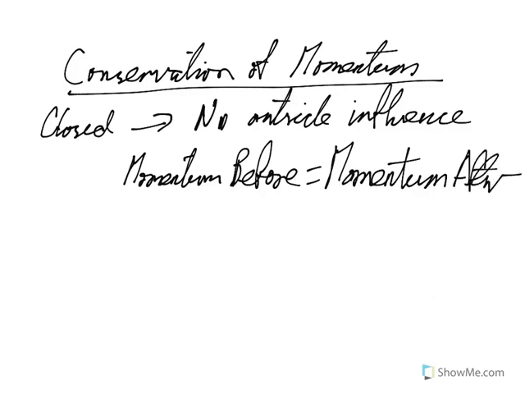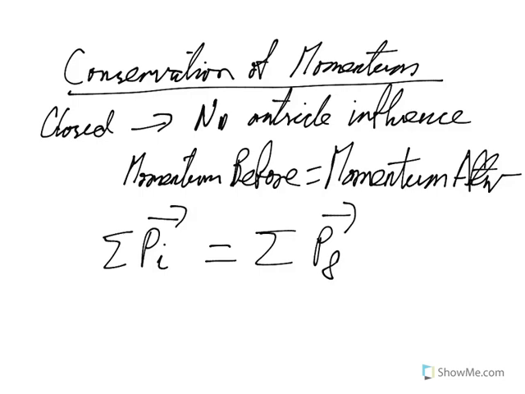Now, if there are things in the collision, how the momentum is distributed amongst those things may be different, but the total is the same. So what we would say is that the sum of our initial momentums and the sum of our final momentums, it's pretty ugly looking F, final momentums, is equal. That's provided there's no outside influence. So let's look at a couple of examples.